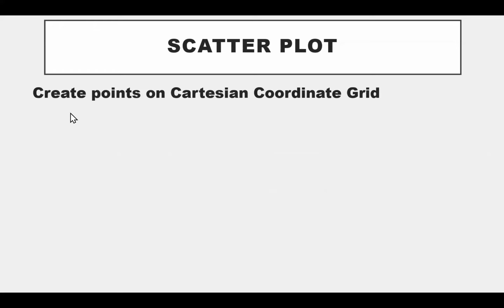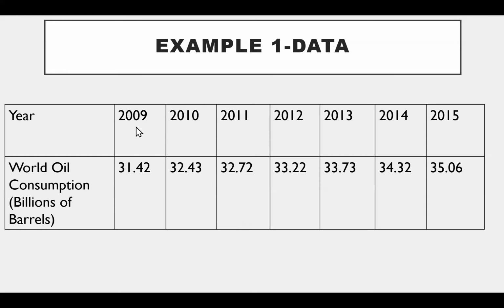So we're going to create points on the Cartesian coordinate plane that match up with our data. So for instance, in the year 2009, there were 31.42 billions of barrels of oil. So we'll plot that as a point, 2009, 31.42 on our scatter plot. And I'll do that for every single year.